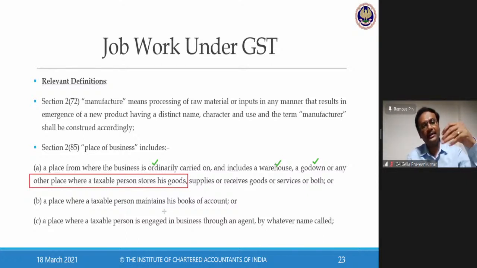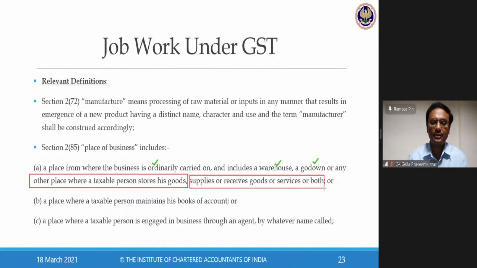I could have a warehouse, I could have a godown, or any other place where I store my goods, or supplies or receives goods or services, or both. Now, this is another impact. So it says a place from where business is generally carried out.